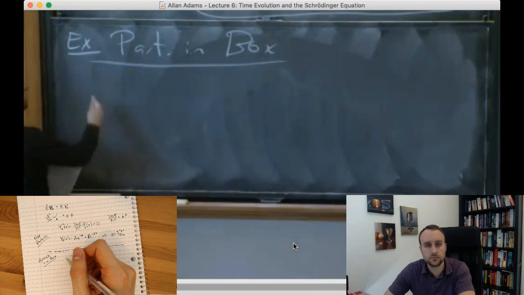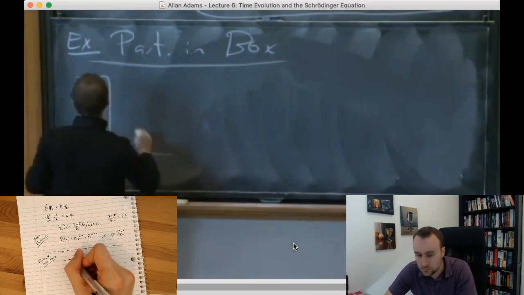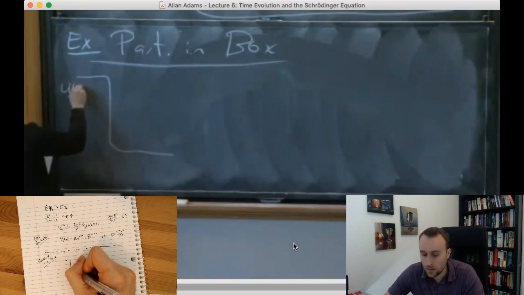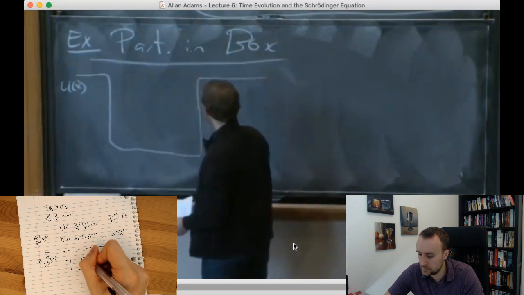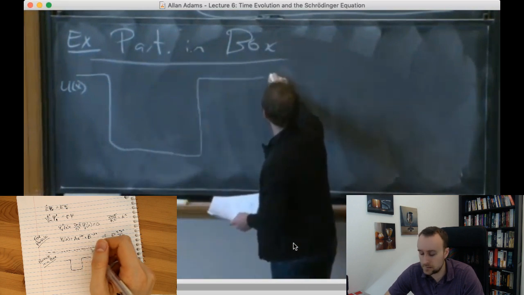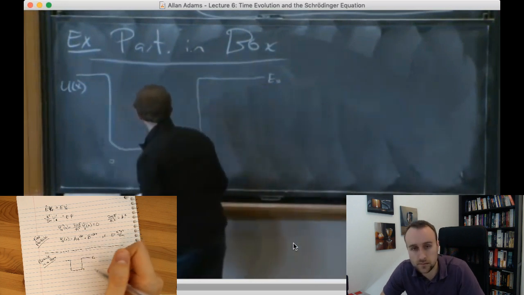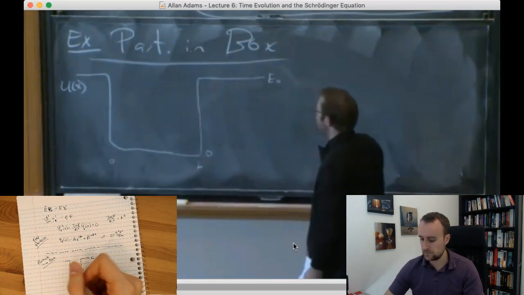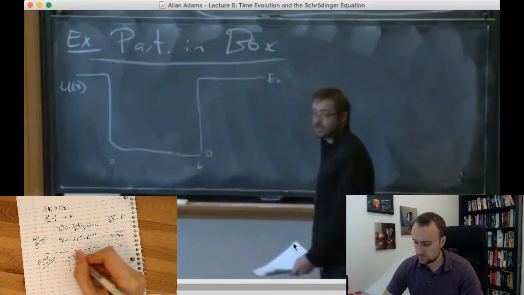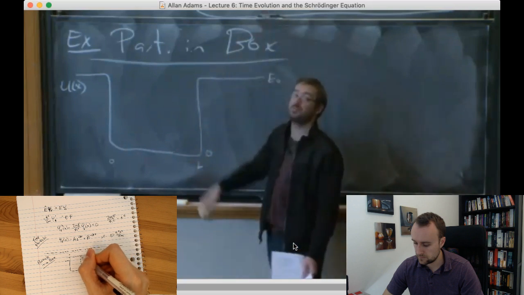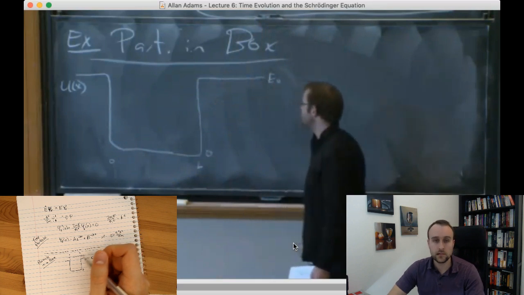What I mean by particle in a box is a system that has a deep well. What I'm drawing here is the potential energy U of x, where this is some energy E naught, this is the energy 0, this is the position x equals 0, and this is the position x equals L. I'm interested in low energy physics, so I'm going to treat this as infinitely deep, and my life is easier if I think of the bottom as constant.